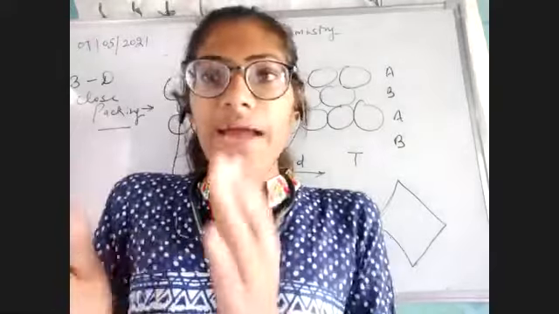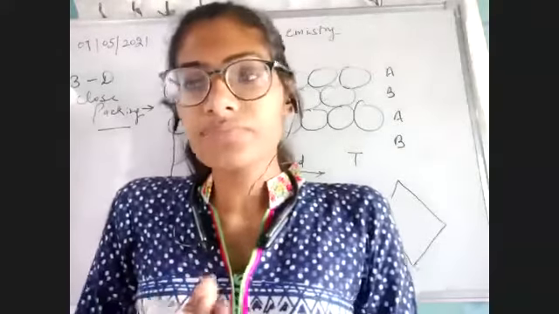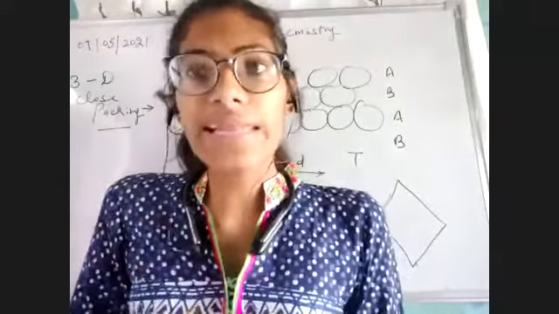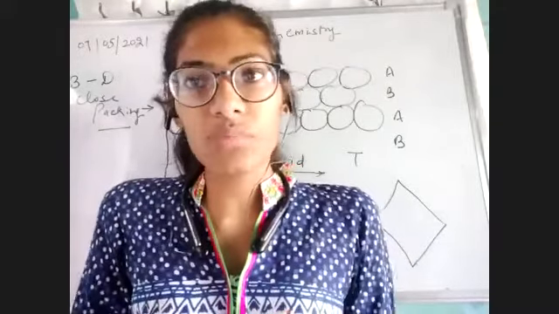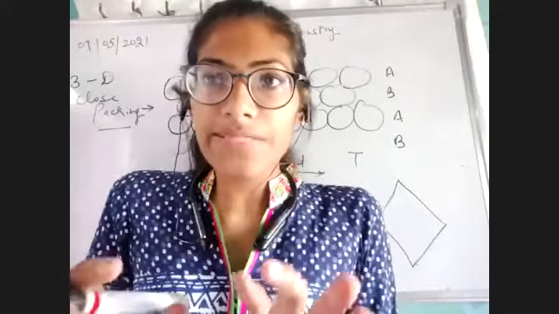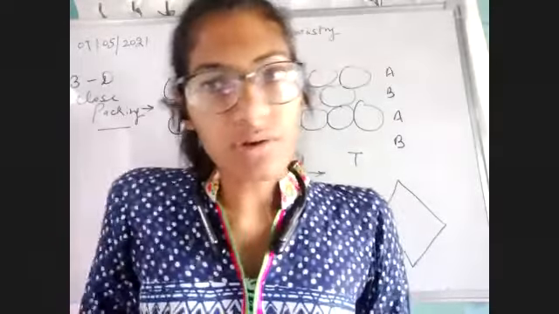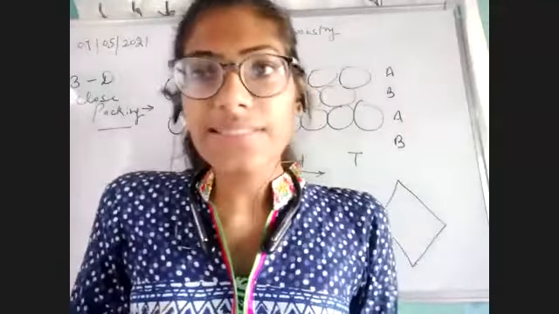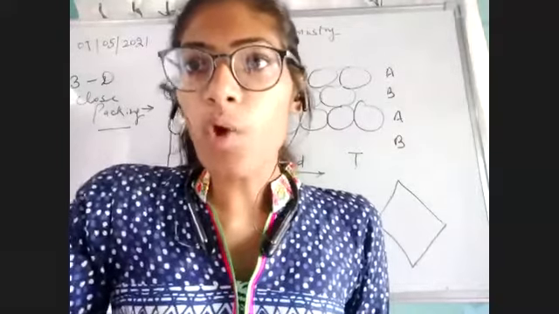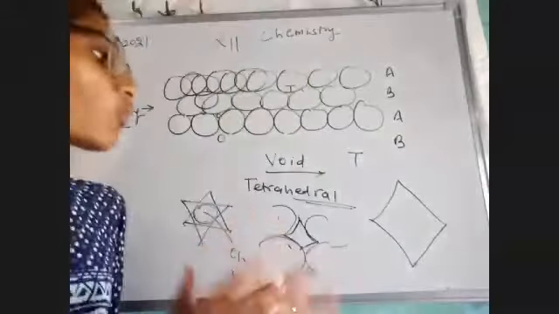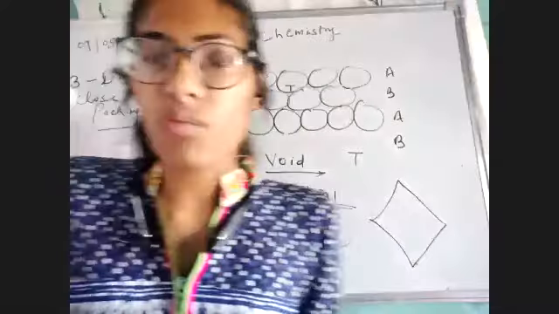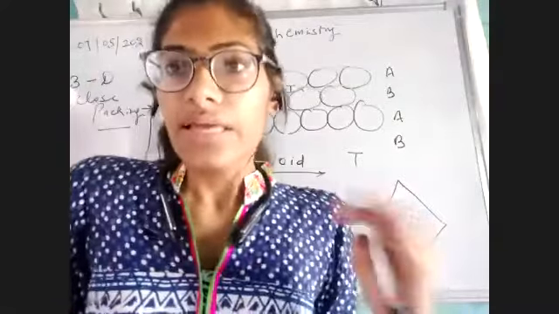This is somewhat what you have read in chapter 1 in 11th class, the empirical formula and the molecular formula. In the same way, on the basis of these voids, we will calculate our molecular formula. Let's see how it happens. I hope I have delivered what tetrahedral and octahedral voids want to express.